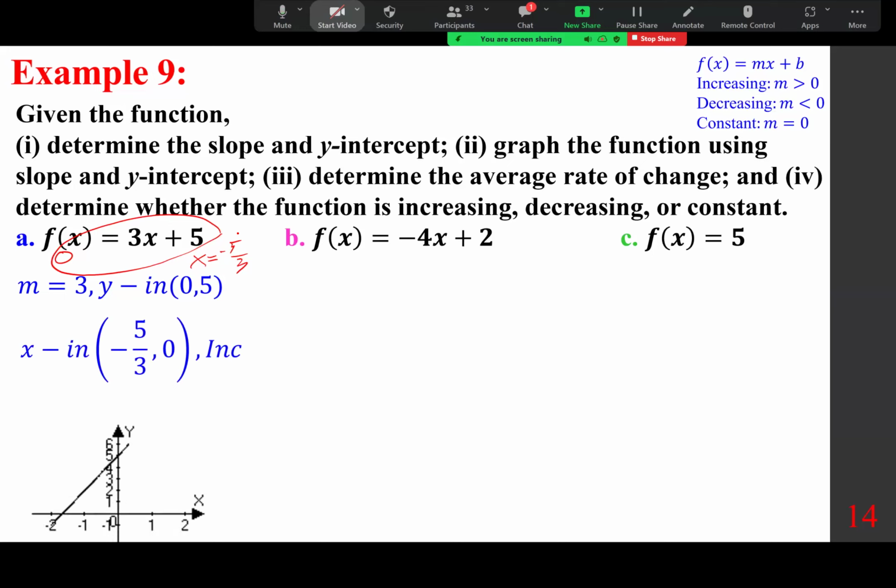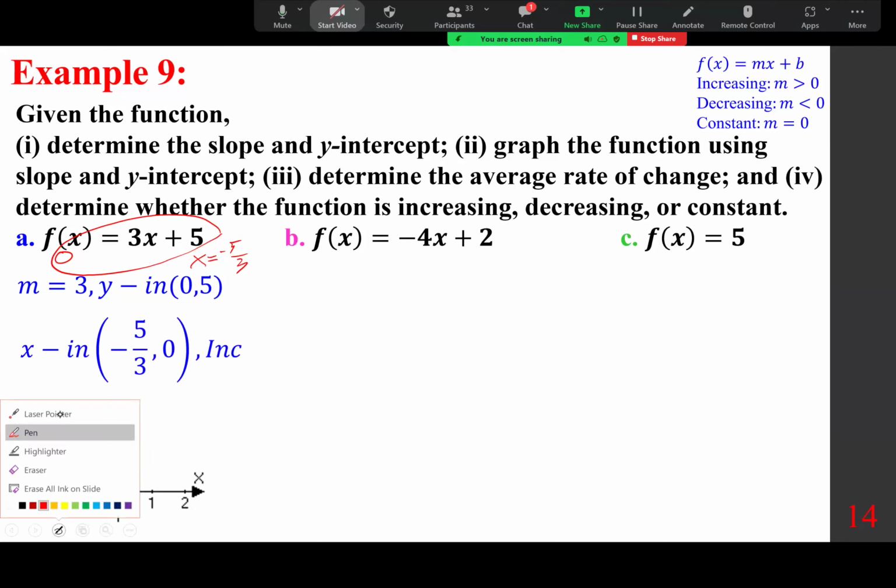And I'm going to assume we can use those two pairs easily and graph and look at 0, 5 here, -5/3, 0 here. And that's the graph. And again, m is positive, so it is increasing. The other one is that when it's asking you to determine the average rate of change, the answer is m equals 3. That's it, average rate of change.